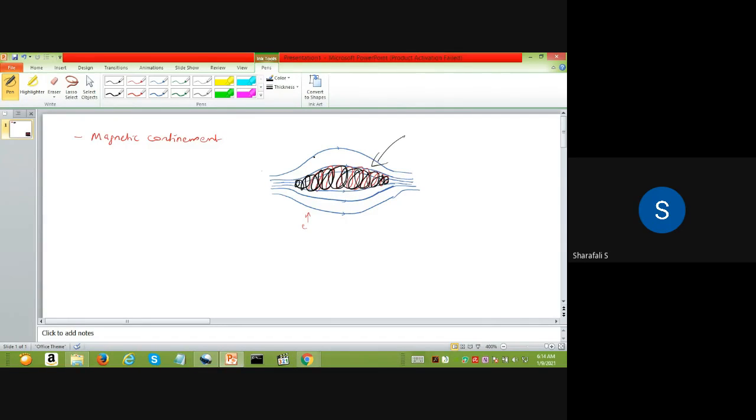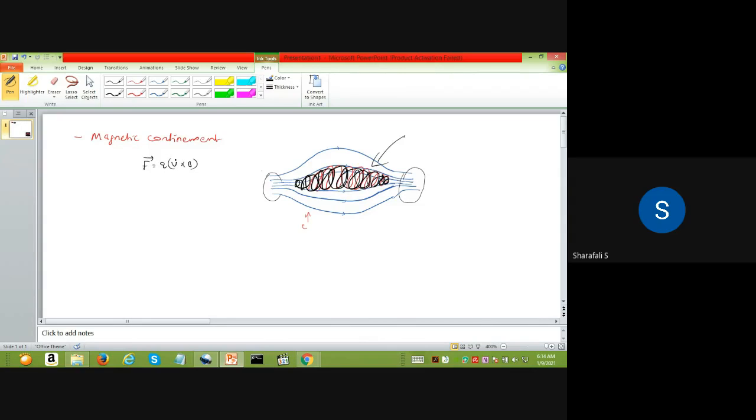So we have made the strength of the field in such a way that we have more field in these two ends, so that when the charged particles come to this point, their direction will just reverse. Okay. So you can calculate that direction by using the F equal to Q V cross B relation, that force.